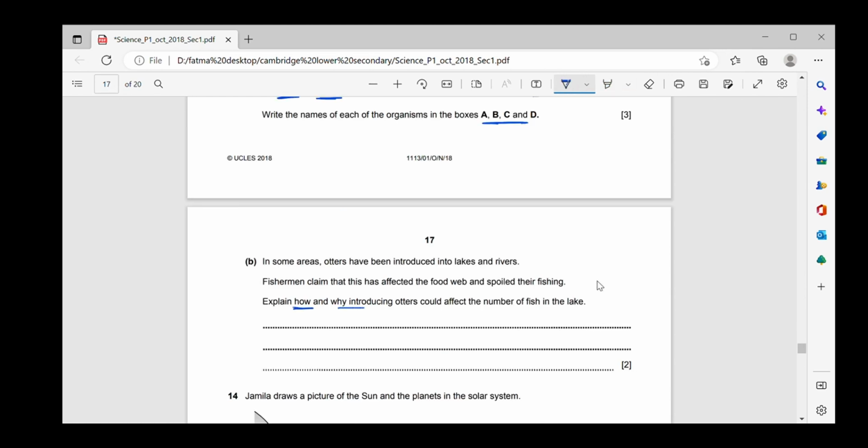So this will reduce the numbers of fish by otters eating the perch.